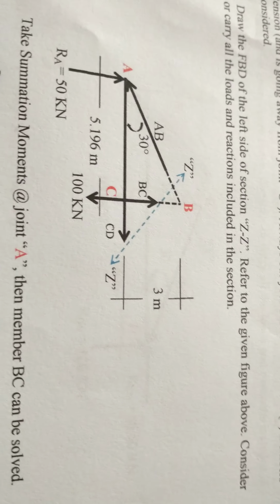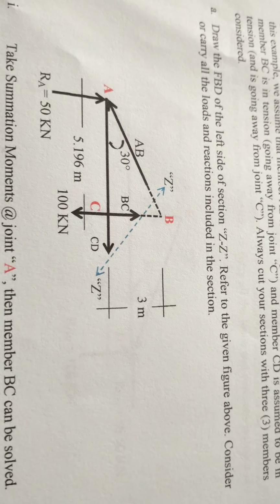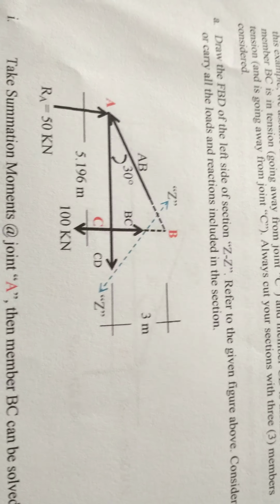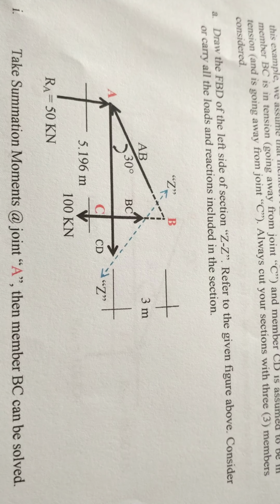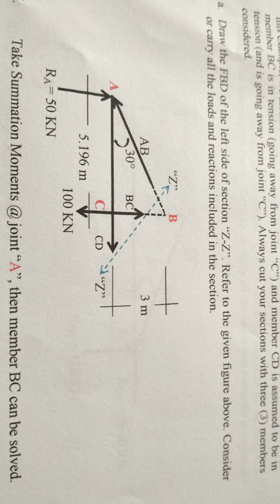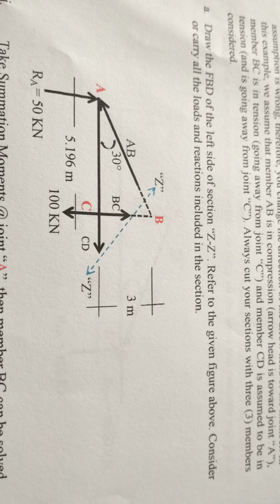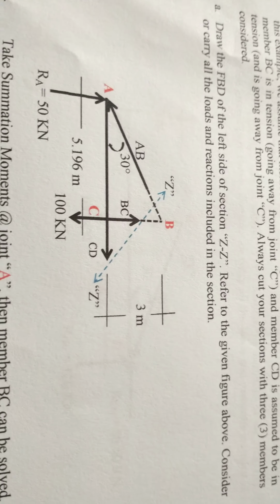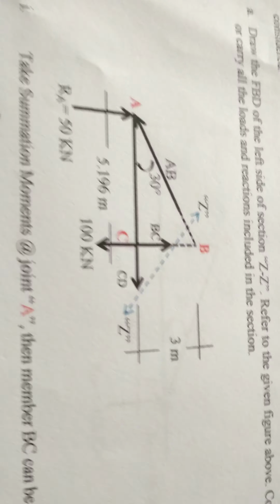So next step is you draw the FBD of the left side of the section, because that is the section that you considered. Left side of section ZZ, refer to the given figure above, then carry all the loads and reactions included in the section.